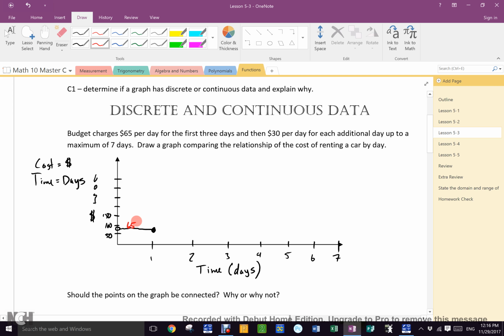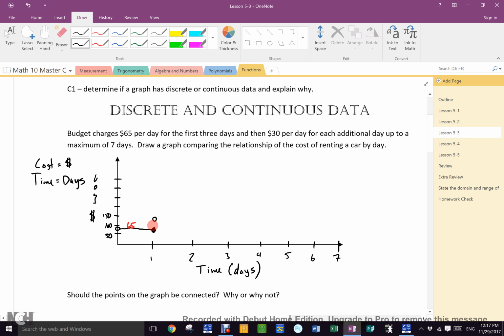Okay. Now, if I choose to go longer than 1 day, then I got to pay another $65, yeah? So up to 1, I'm included in my 65, yes? What if I go a minute over? Then I got to do another 65. So, do I put an open or a closed dot here?